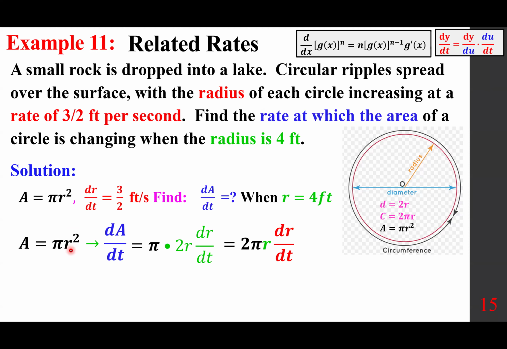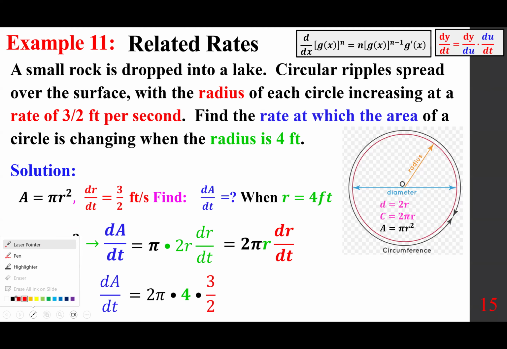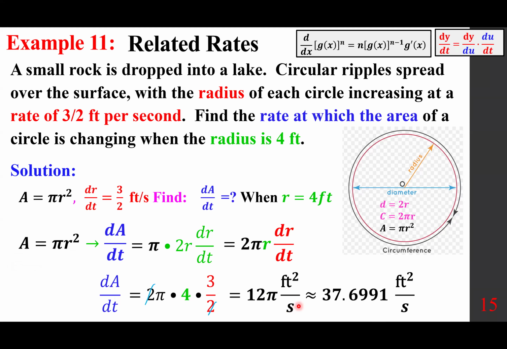So we are ready to plug in r equals 4 feet, dr/dt is 3/2 feet per second. So we get 12 pi precisely, units of the area over units of time. Remember 4 is 4 feet and 3/2 is feet per second. So square feet per second, 12 pi square feet per second.